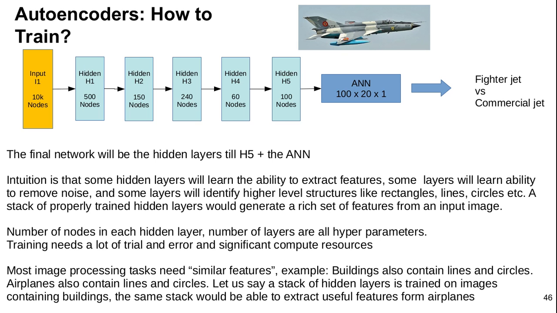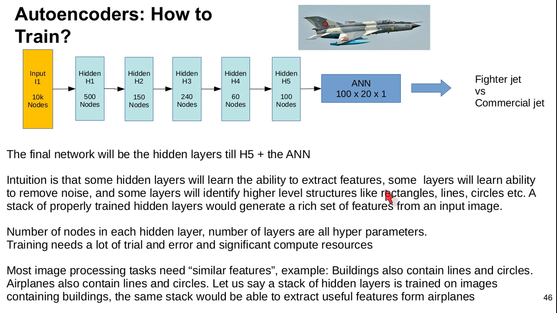If your individual autoencoders have been trained on several outdoor images containing structures such as buildings, sceneries of natural images, forest land, grassland, and let's say a few satellite images, the individual hidden layers should be able to extract features such as lines and circles, rectangles and squares, and so on.